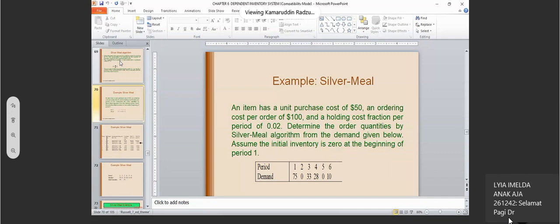Assume the initial inventory is 0 at the beginning of period 1. So in this example, we are provided the information about the purchase cost, ordering cost, and holding cost fraction per period, and also the gross requirement for the item from period 1 to period 6.